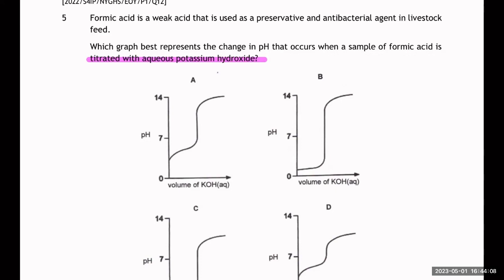If formic acid is titrated with aqueous potassium hydroxide, which one is in the conical flask, and which one is in the burette?